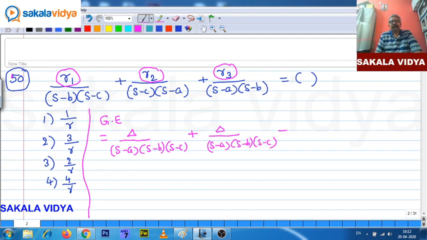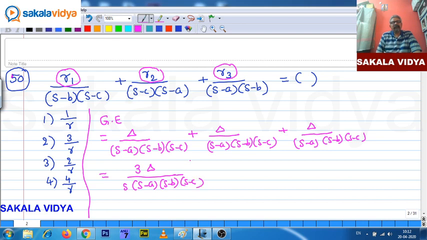Plus here delta by s minus b, s minus c, plus delta by s minus a, s minus b, s minus c. This equals 3 times delta by s minus a, s minus b, s minus c.